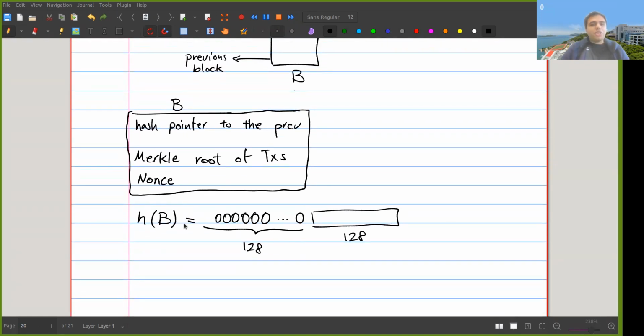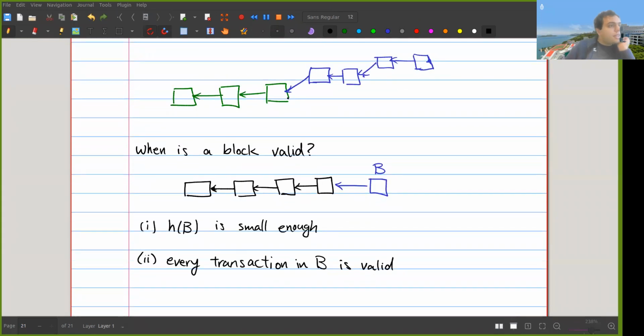So your chance as a miner for adding the next block is proportional to the computational power that you're using for generating these nonces and computing these hashes. Okay.